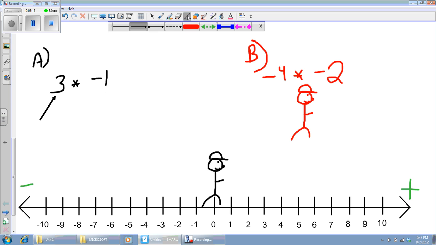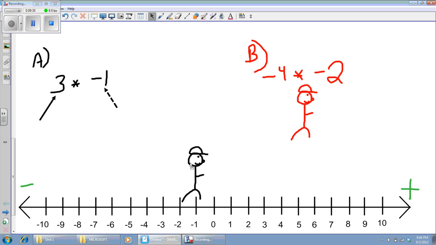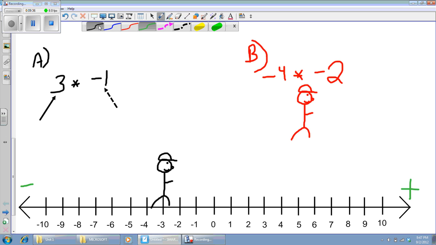And my second number is -1. So Bobby's going to be walking backwards. I'm going to have Bobby do 3 moves of -1. So he's going to walk backward once, twice, and there's a third move. And where do I end up? On -3. So I know that 3 times -1 equals -3.